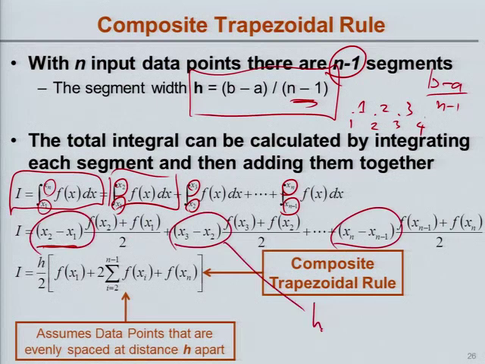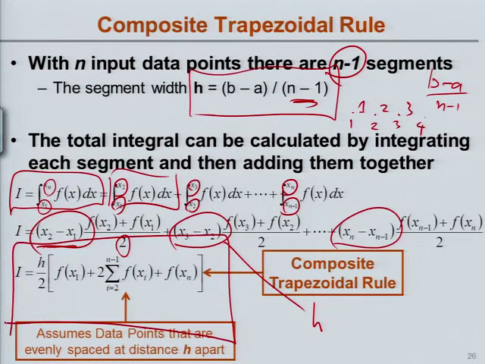That's the width. So we can take this h out of this factor. In fact, we can actually take an h on 2 out, and we end up with this expression down here.